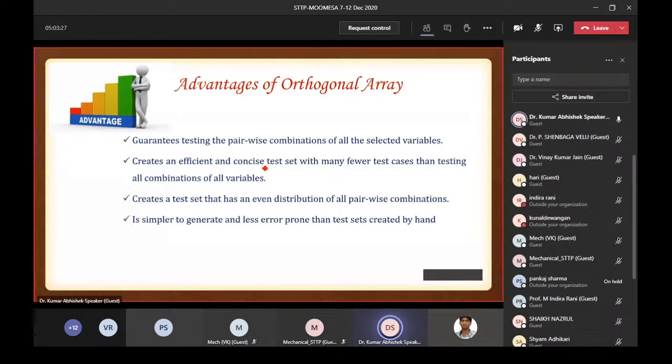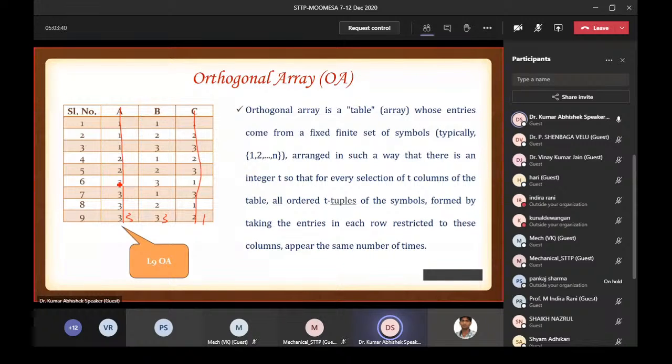And it creates a test with even distribution of all the pairwise combinations. What does it mean? If you look at factor A, and suppose you are considering level 1, level 1 appears 3 times in the first column.